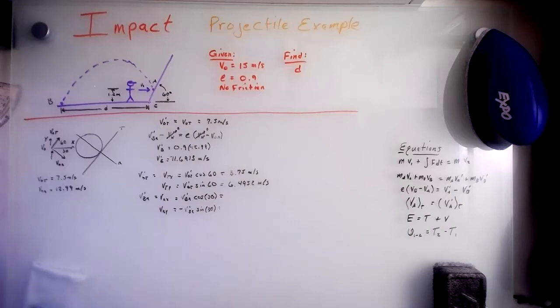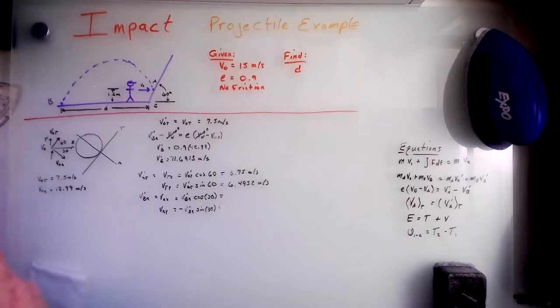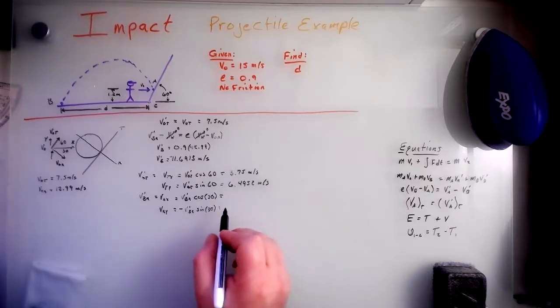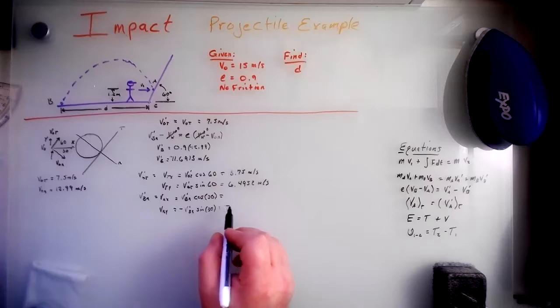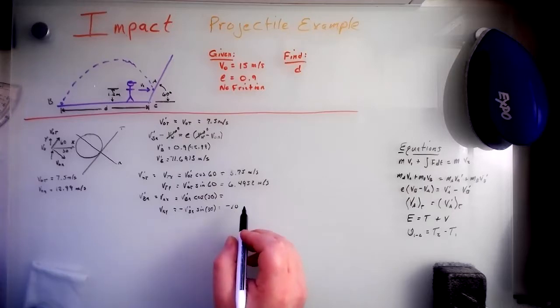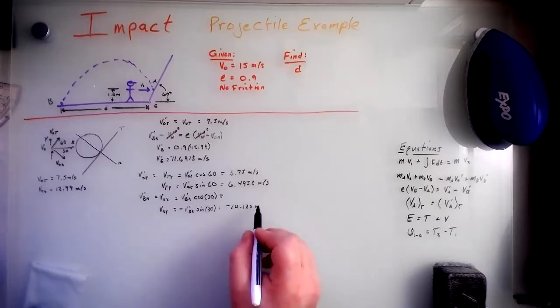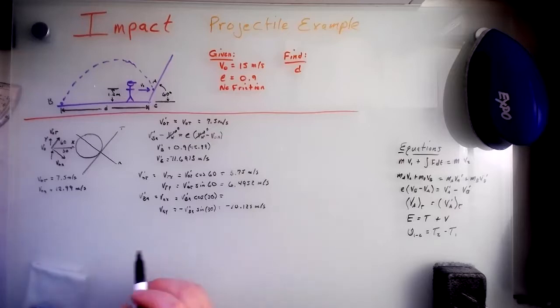Okay, and what does it give us? Let's see. So we got a minus 11.6913 times the cosine of 30. That is minus 10.125 meters per second, right?